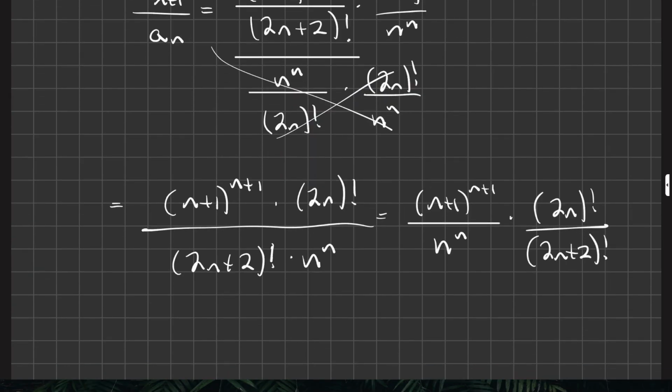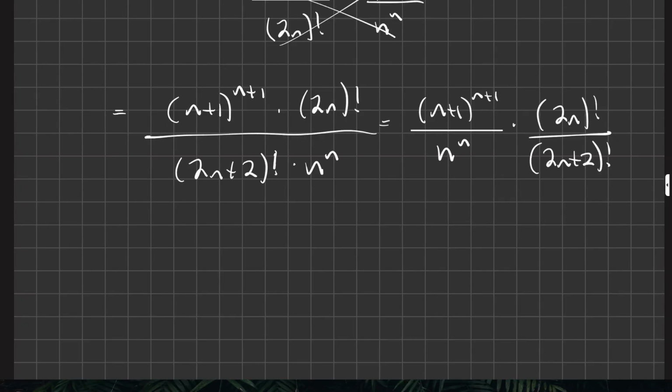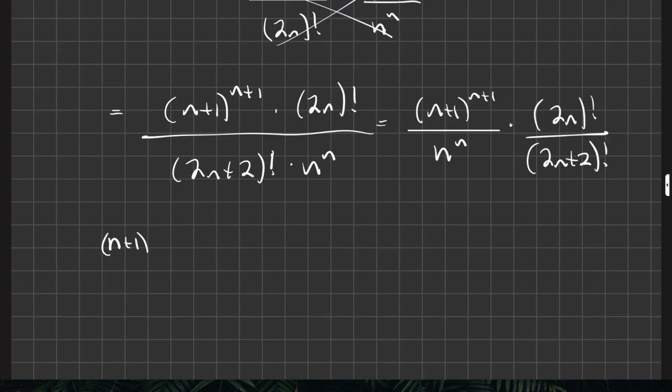Okay, so let's work on simplifying each part. Let's look at just this part, (n plus 1) to the n plus 1 over n to the n. We can split this up as n plus 1 times (1 plus 1 over n) to the n. We did this trick earlier.